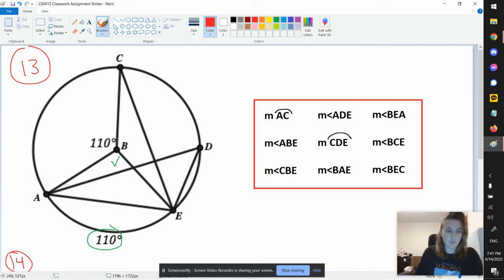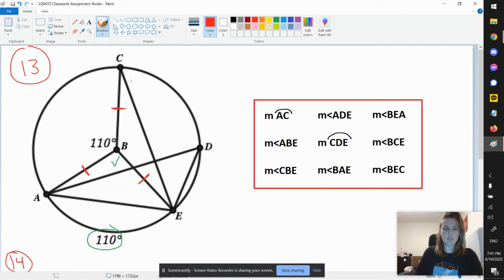Something that will help you with this angle, BAE and BEA, are that BA and BE are both radii, right? They're the same length because they're both a radius. So this means these two are going to be equal. There's a third radius. I'll let you try to find it. That's right, it's CB, right?